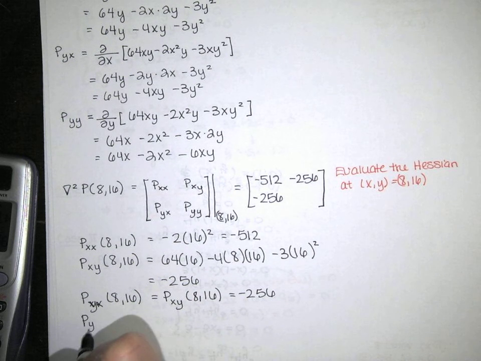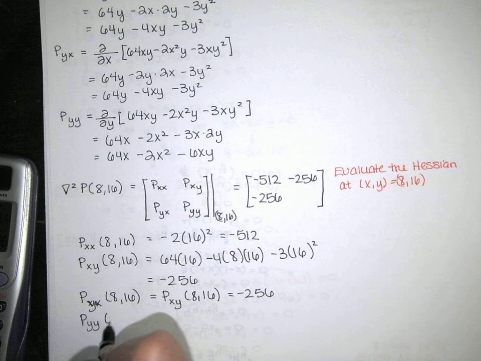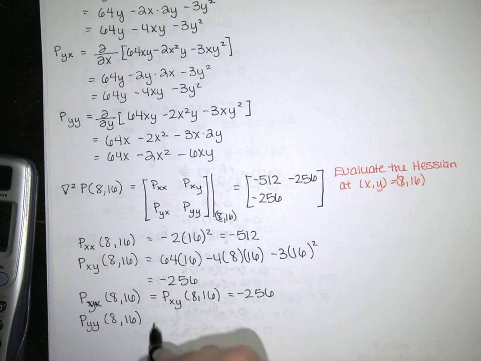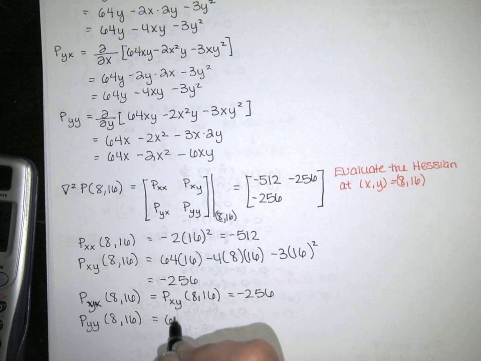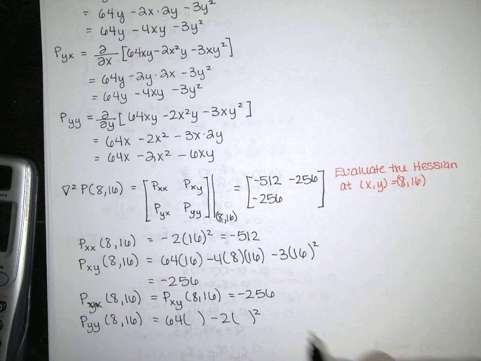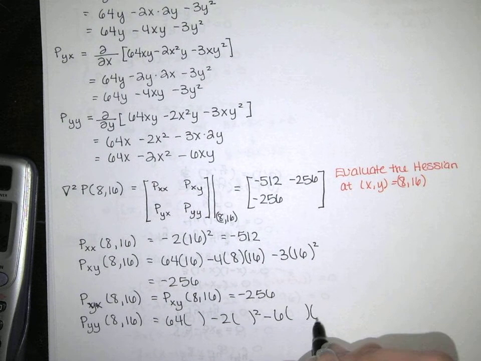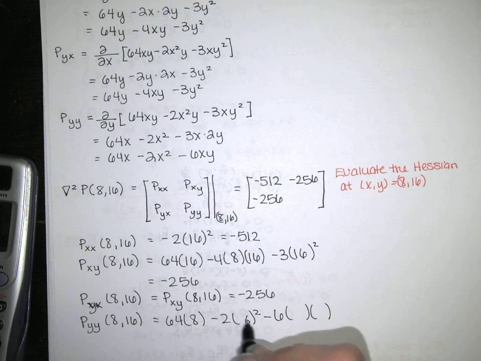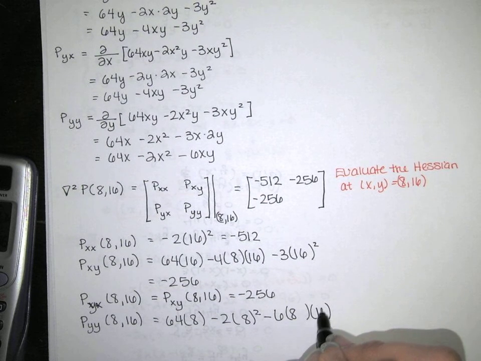Now I want to take the second partial of p with respect to y that we already calculated and substitute in x equals 8, y equals 16. So we've got 64 times our x value minus 2 times our x squared minus 6 times x times y. X was 8, y was 16.